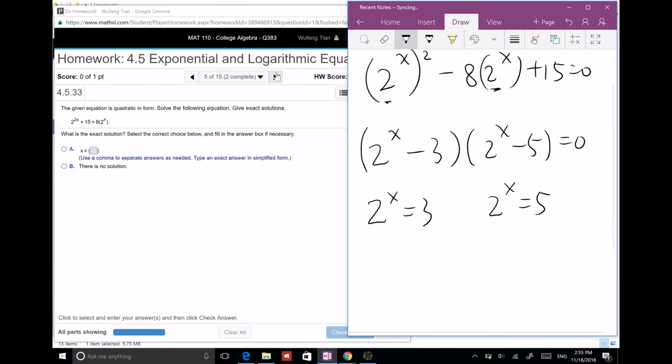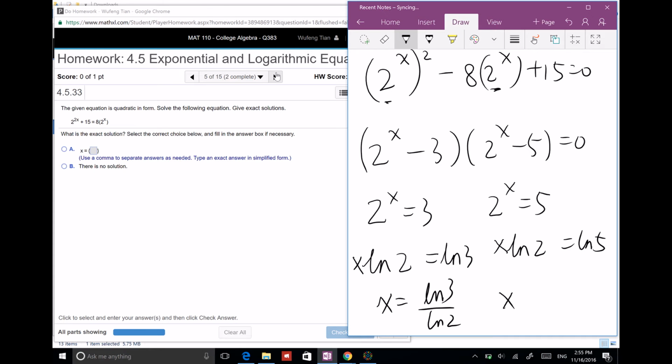What you can do is take ln on both sides. ln 2 to the x equals ln 3, and ln 2 to the x equals ln 5. Bring the x to the front. So x equals ln 3 over ln 2, and x equals ln 5 over ln 2. Okay, for the exact answer, you have to type in this.